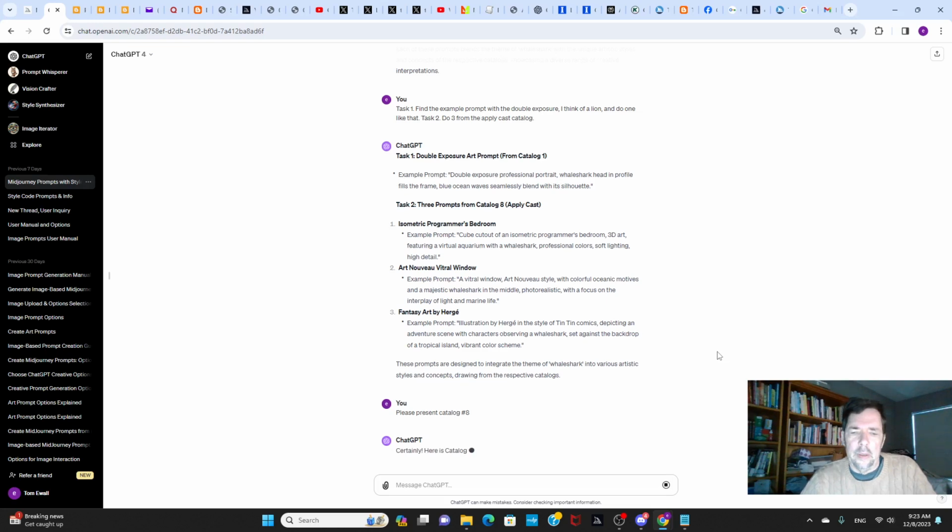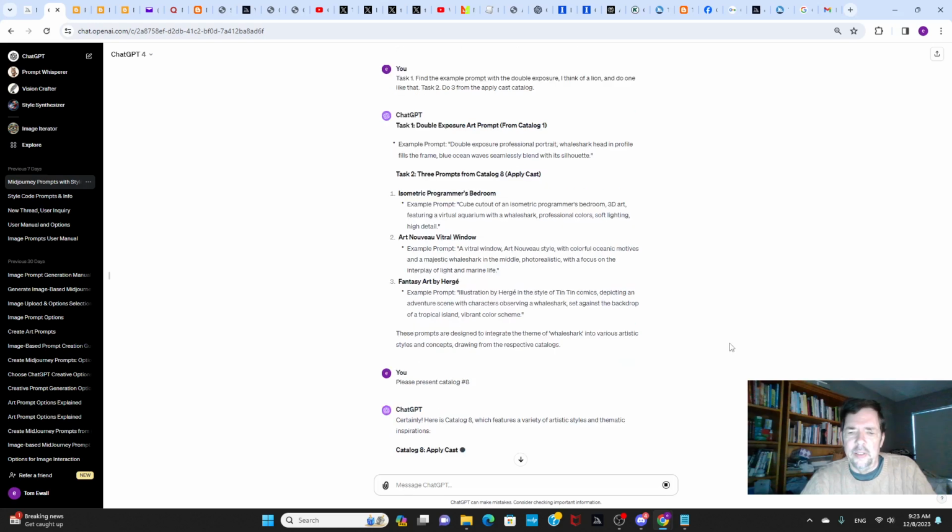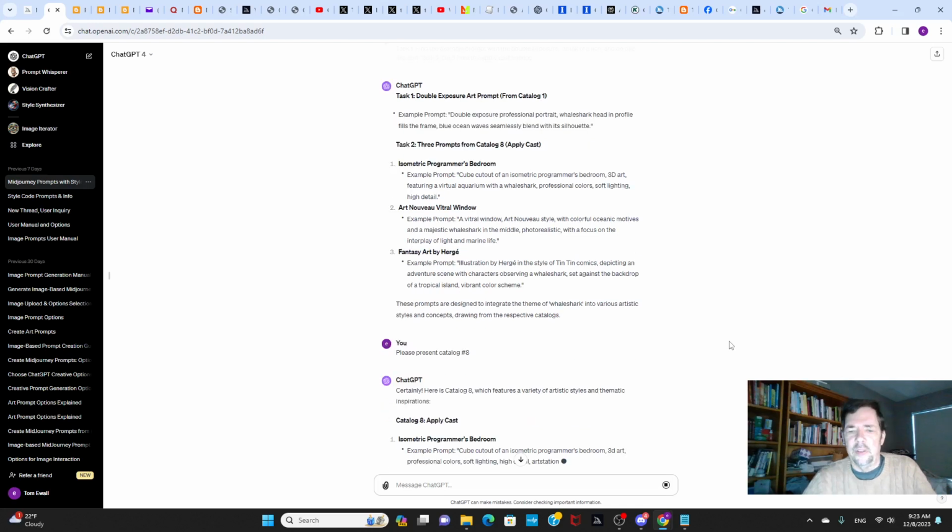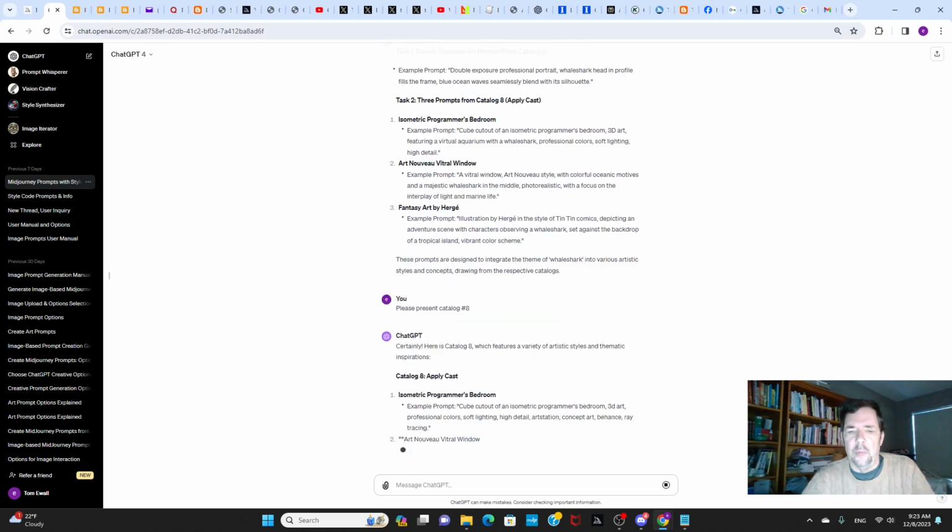A reason that I wanted to split this into 10 is because although ChatGPT has this huge context window for receiving information, it's 128,000 tokens that you can give it, which is over 300 pages of a normal book, it has a very limited output.